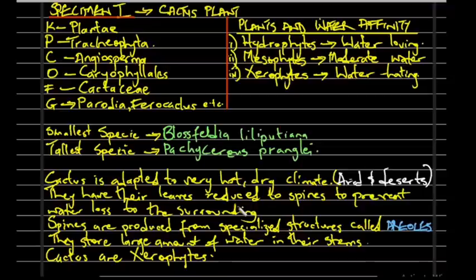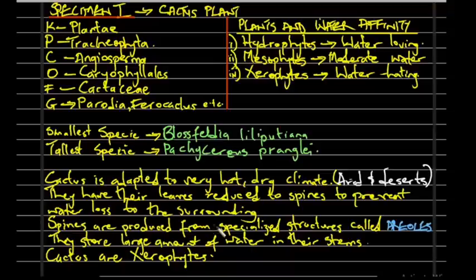Leaves carry out more transpiration than expected in the plant. So if they were to have many leaves, they would be losing water rapidly, and because they are found in a hot environment, they mustn't lose water excessively, and that is why their leaves have been reduced to spines.